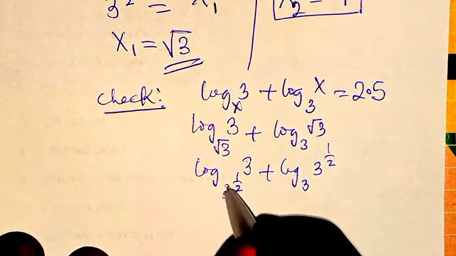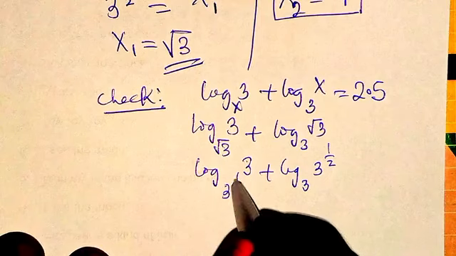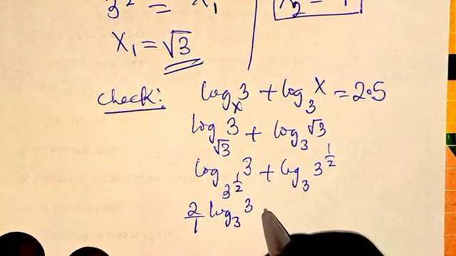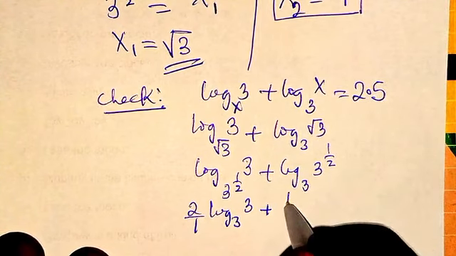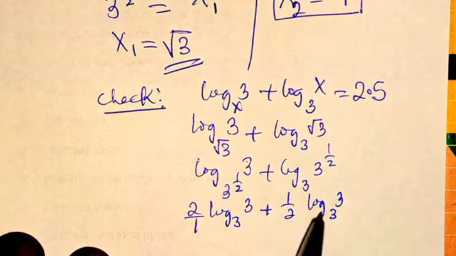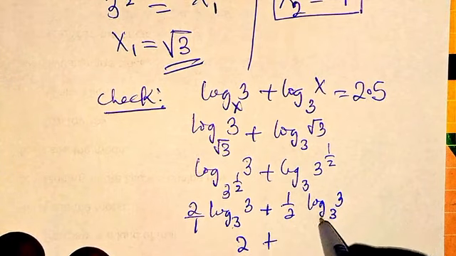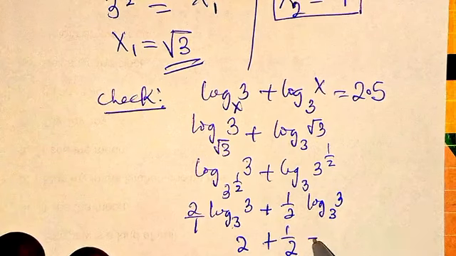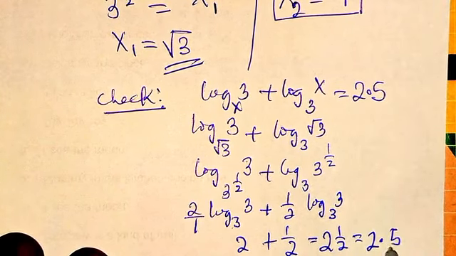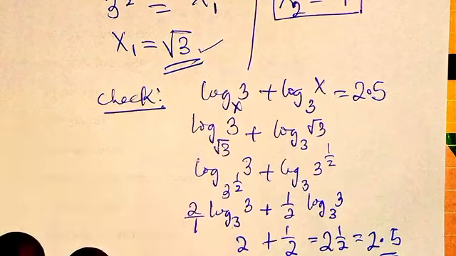You see that the power of the base, we take the reciprocal, will be 2 over 1 log base 3 of 3, plus this 1 over 2 will come down, we have log base 3 of 3. So from here you can see that this and this will turn to 1, we have 2, plus this also will turn to 1, we have 1 over 2. So we have 2 and 1 over 2, which is the same thing as 2.5. Can you see?